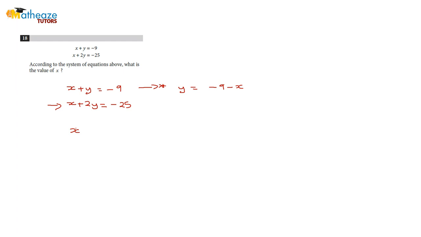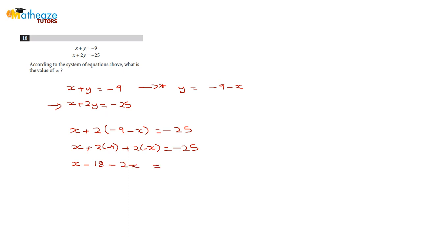So we have x plus 2 multiplied by (negative 9 minus x) equal to negative 25. So x plus 2 times negative 9 plus 2 times negative x equal to negative 25. So x minus 18 minus 2x equal to negative 25.